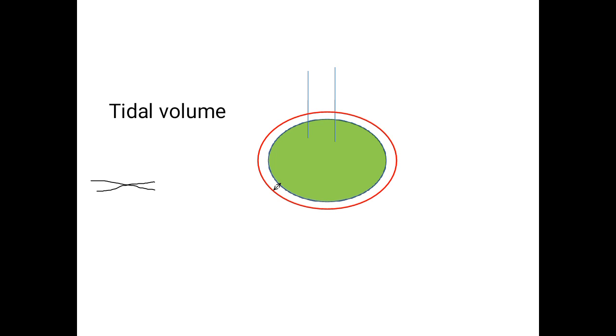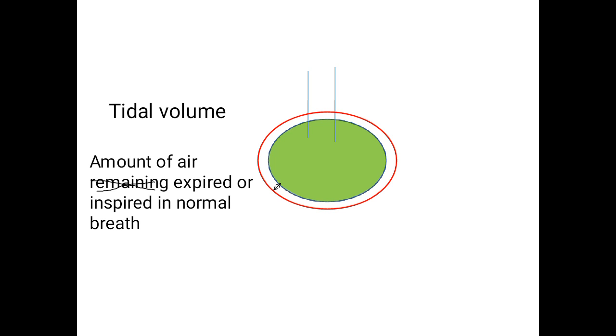See? Tidal volume. This is normally around 500 ml of air. To define: amount of air expired or inspired in normal breath is called as tidal volume. Is it clear?